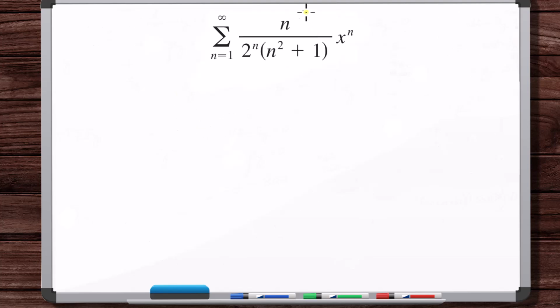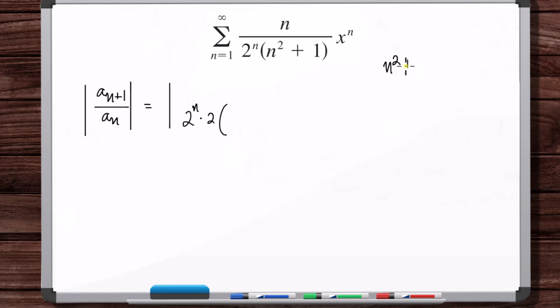Okay, we see here's the c sub n, and here's the x to the n where the a is equal to 0. All right. So we've got 2 to the n times 2. Okay, n plus 1 squared is what? n plus 1 squared is n squared plus 2n plus 1, and then plus 1.